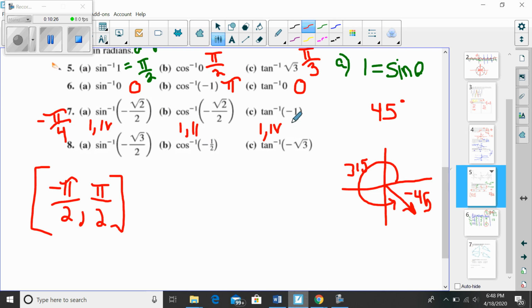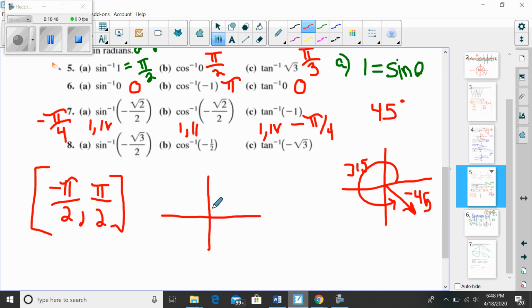And then same thing over here. Okay, so I have to give an answer that's within this range. Now remember, cosine was restricted from 0 to pi, right? So then cosine would be negative in the second quadrant.